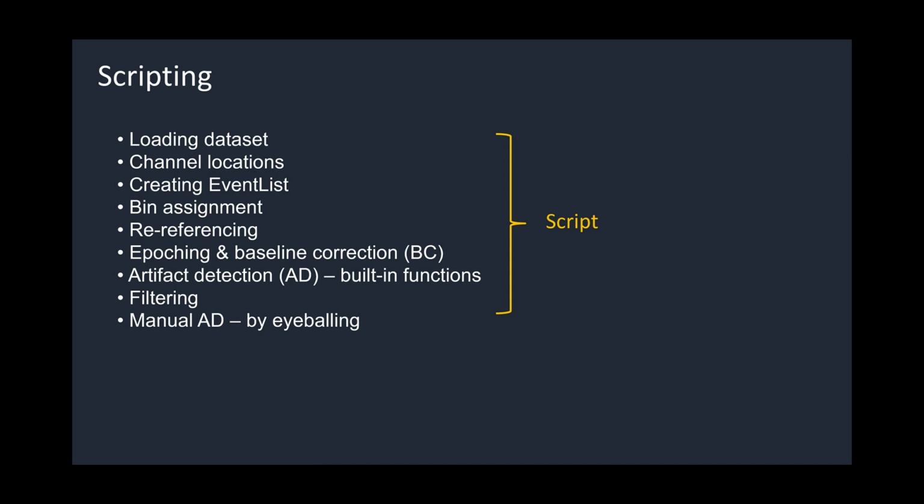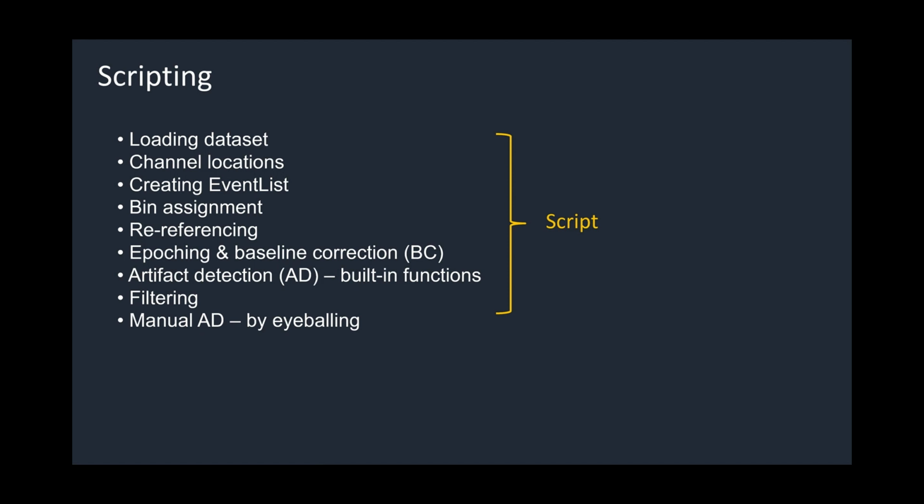Okay, that's a little bit complicated. Anyways, so yeah, adding channel locations, and also creating an event list to add the event code structure to the EEG data structure, and also bin assignment with the BDF, the bin descriptor file .txt, and re-referencing, and also epoching and baseline correction, which are lumped into the same step in ERP Lab, and also automatic artifact detection with built-in ERP Lab functions.